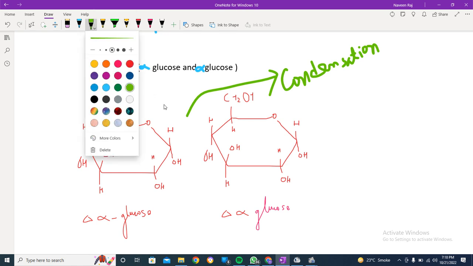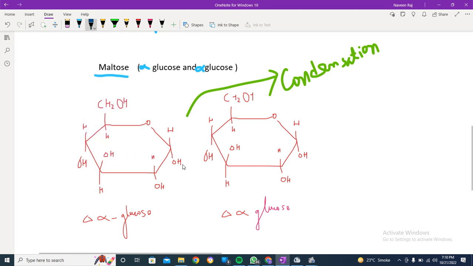Let me take this one. Remember this: this is carbon A and this is B. From the first carbon we take out H, and OH will go from the second.